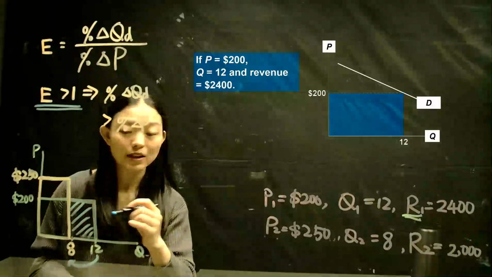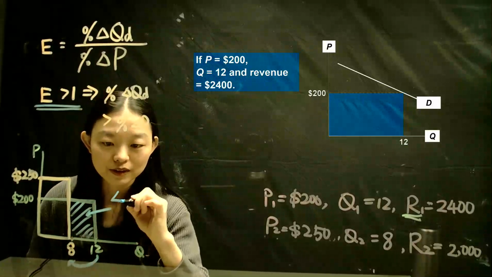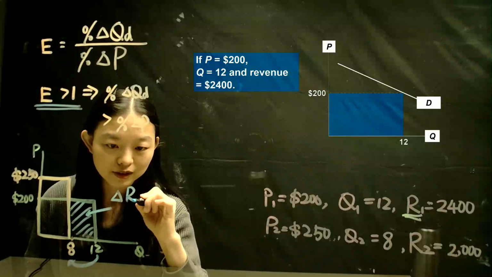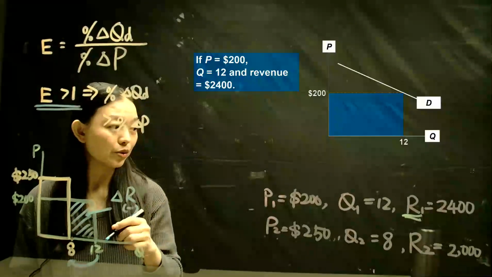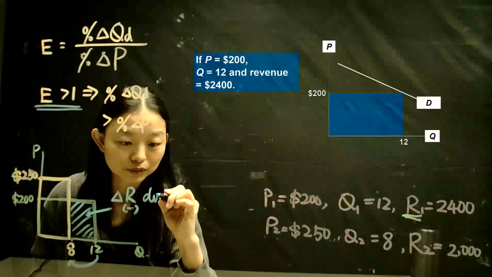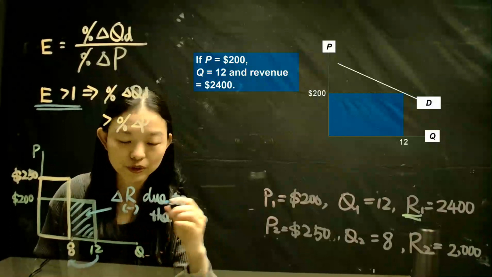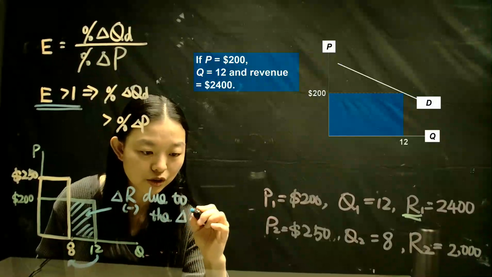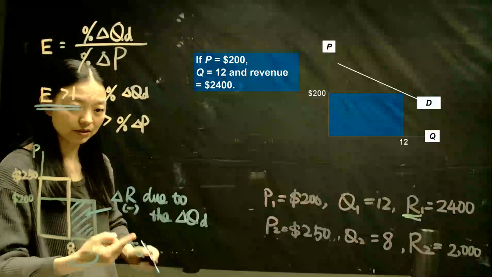So this part represents the loss. I'll put negative here. The loss in total revenue due to the change in quantity demand.